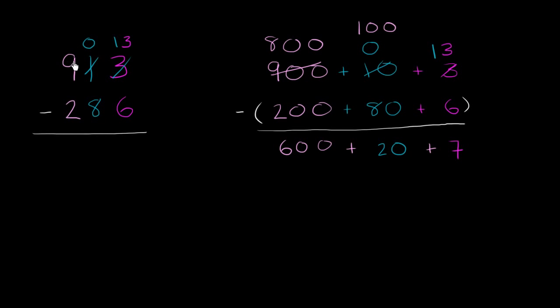Well, we could take 100 from the hundreds place, so 900 becomes 800, and give that 100 to the tens place. So you give the 100 to the tens place, 100 plus 0 tens is 100. 100 is the same thing as 10 tens.